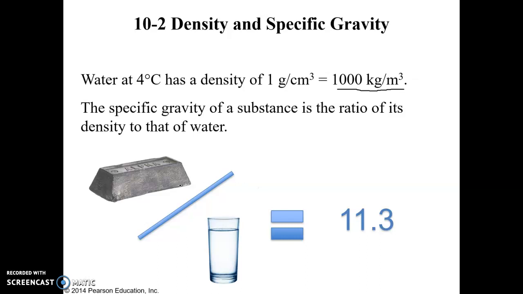So if we took the density of some material and divided it by the density of water, which is 1,000 kilograms per meter cubed, and got 11.3, we would say that the specific gravity of that material is 11.3.